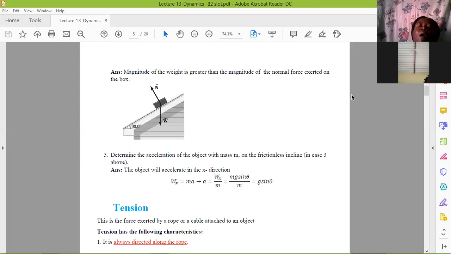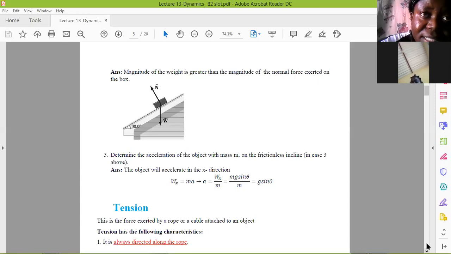It is the force exerted by or on an object by a rope or a cable, whatever is connected to it. And the tension is always directed along your rope or along your cable.